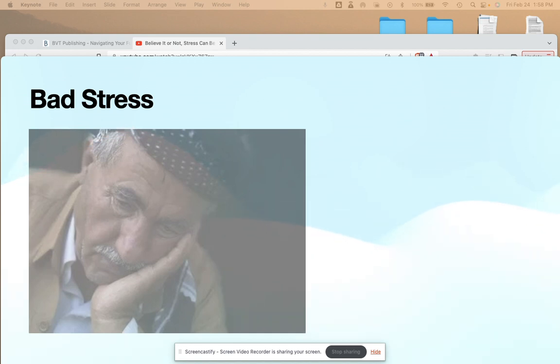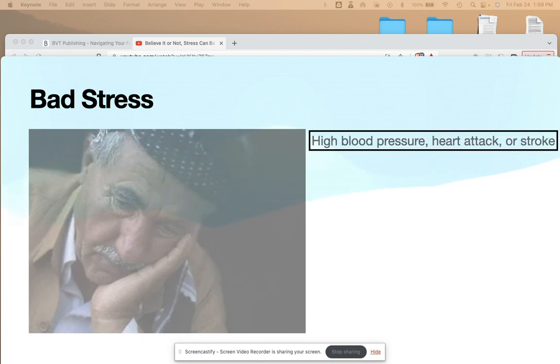We need to be able to identify when that is happening, and the best way is to look for physical and emotional signs. Here's a short list of just a few of the effects of stress when you have gone beyond the good and into the bad zone.